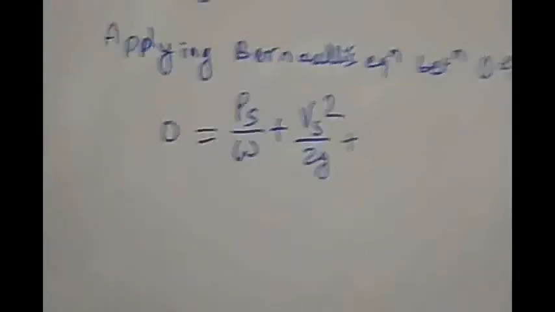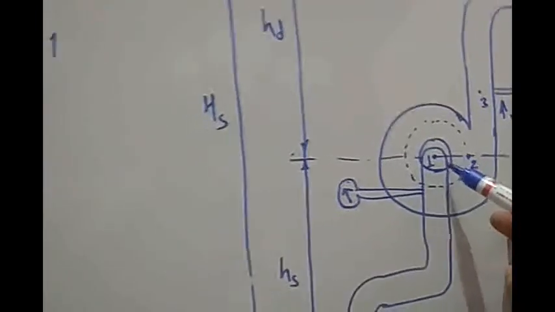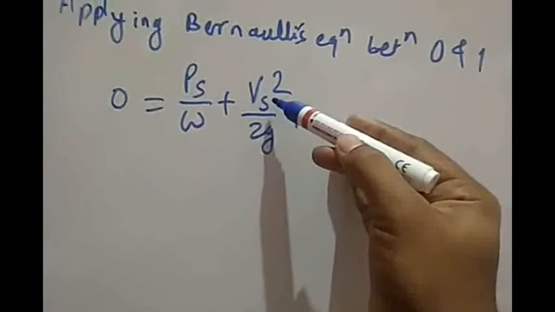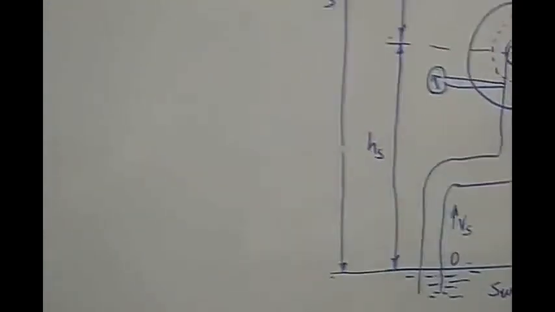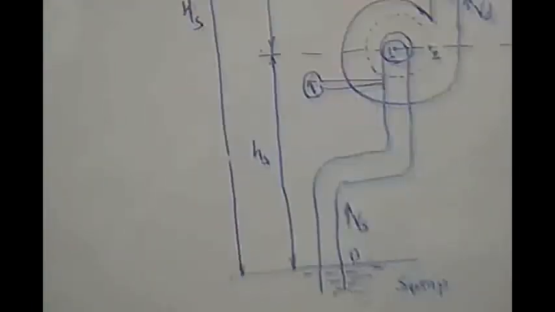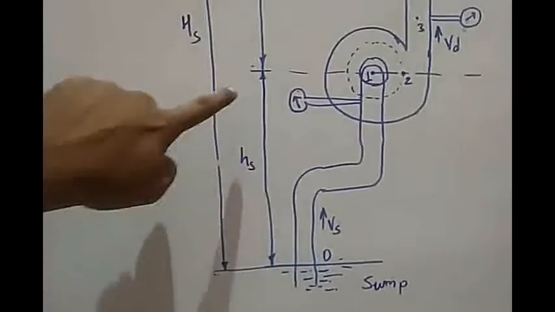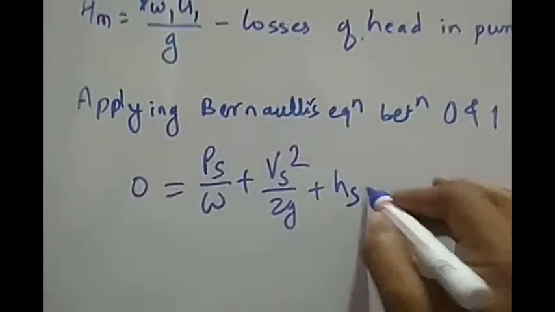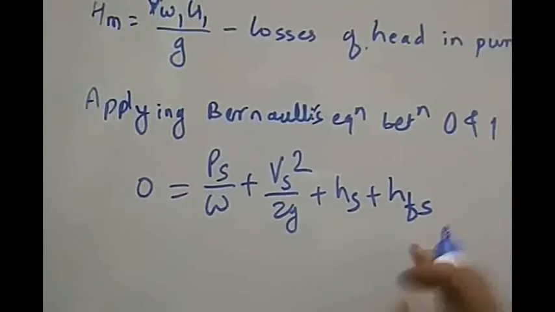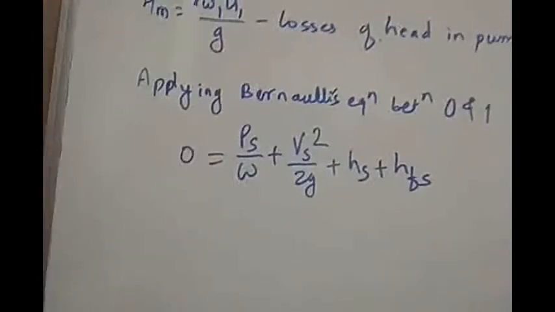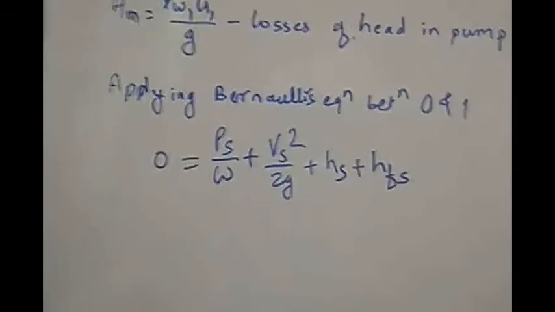Ps by w is the pressure head, where Ps is the pressure at point 1. Vs is the velocity of flow through the suction pipe, plus hs. If you see, the vertical height between 0 and 1 is hs, so hs plus hfs, that is the various losses in the suction.